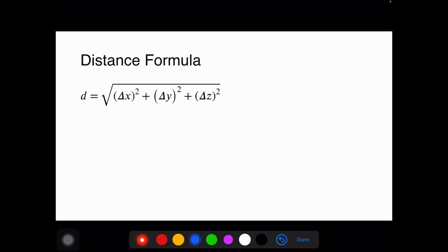And in fact, we can generalize this, and here's my distance formula in 3 dimensions. If we want to find the distance between 2 points in space, we're going to take the square root of our change in x squared plus change in y squared plus change in z squared. So really similar to our distance formula in 2D, just got that extra z squared in there.